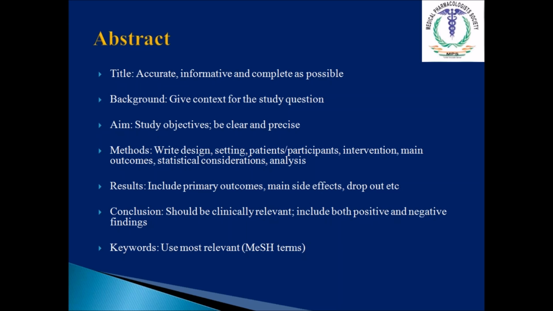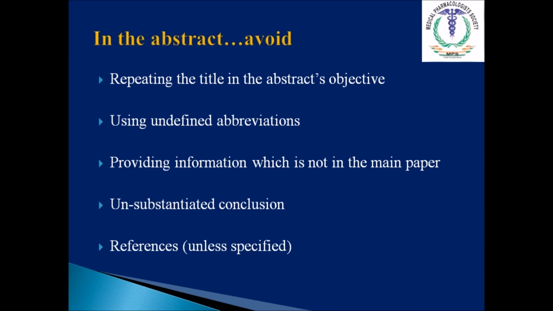Next, what should be avoided in the abstract? In the previous slide, we discussed what should be written, and now here is what should not be written. We try to avoid the title in the abstract's objective. Many times what we see is that whatever the title of the article is, we write the same title as the objective of the paper.